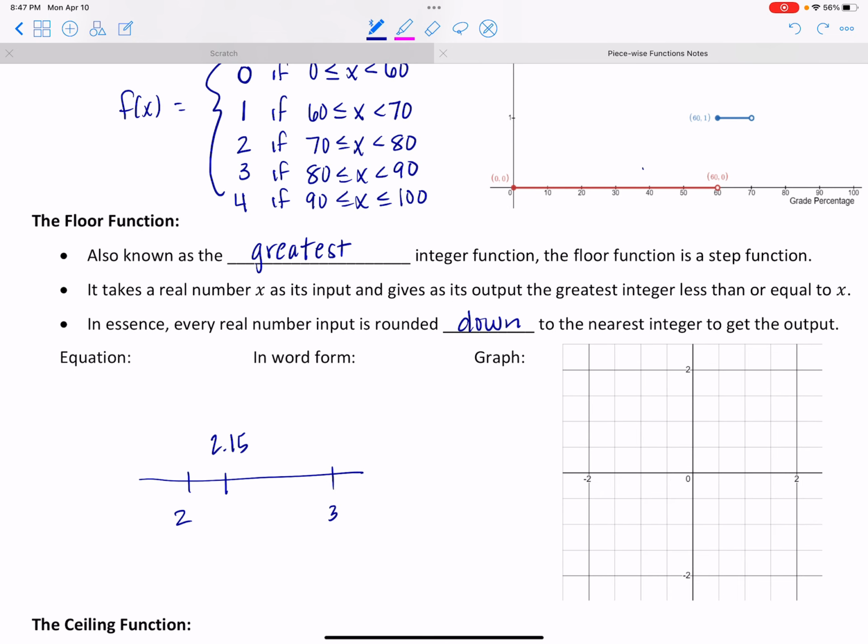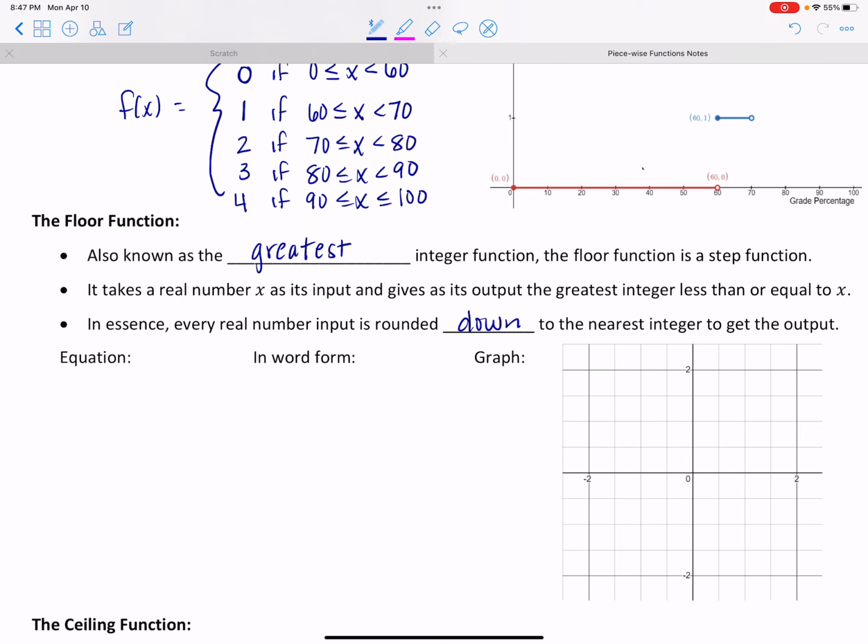And it's going to be that same floor for any number in there. So even if we're over here, let's say that this was like 2.99, we're always going to round down to the nearest integer. So the floor for 2.99 would still be 2. Okay? And this works on the negative end as well. So let's say we were looking at negative numbers on our number line.